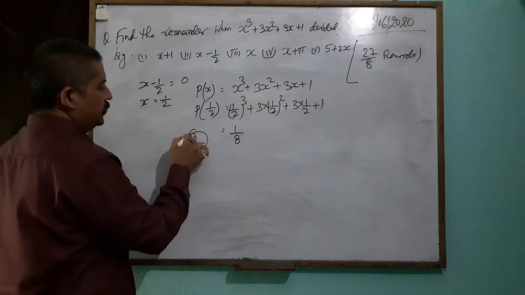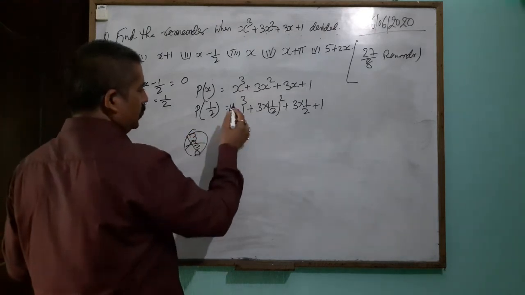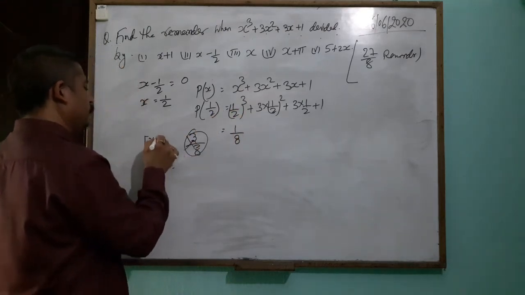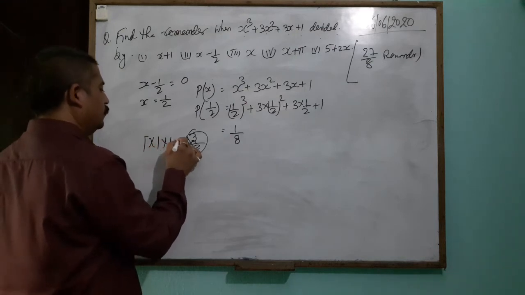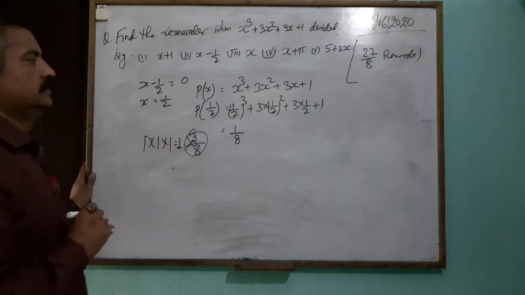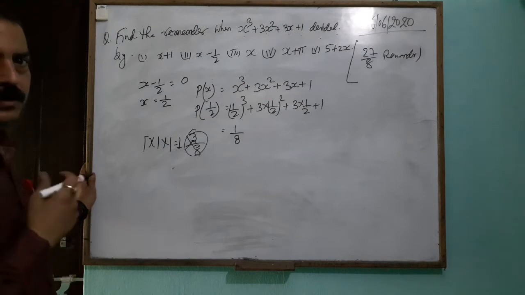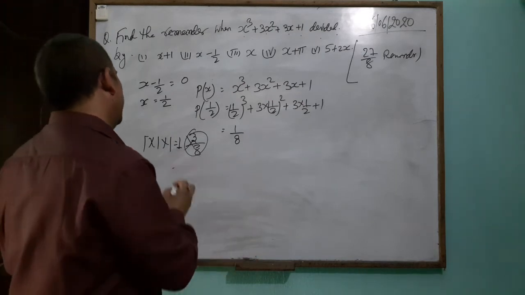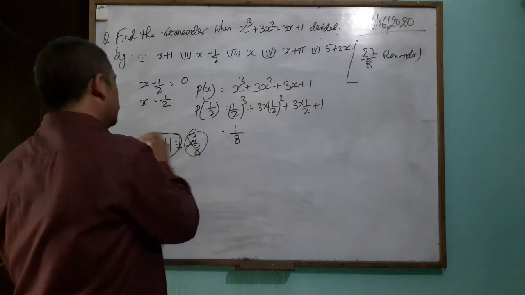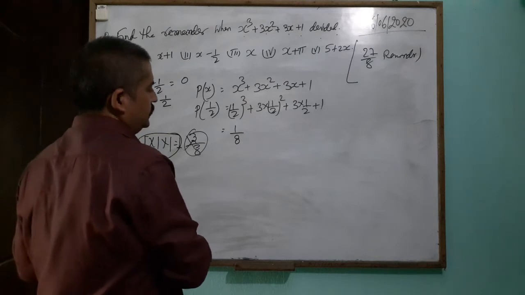Some students have written 3 by 8. That's wrong, because the product of 1 into 1 into 1 is equal to 1 only. Some have written 1 times 1 is 1, 1 times 2 is 2, 1 times 3 is 3, but here it is not the multiple of that.